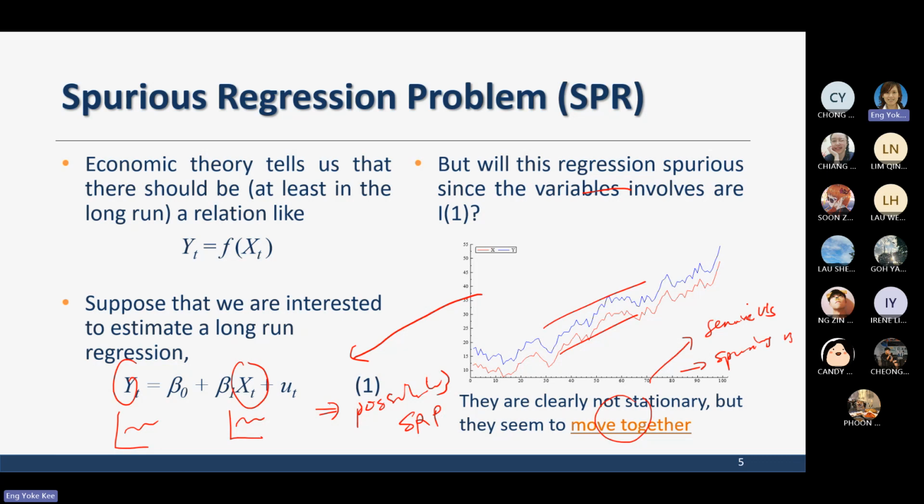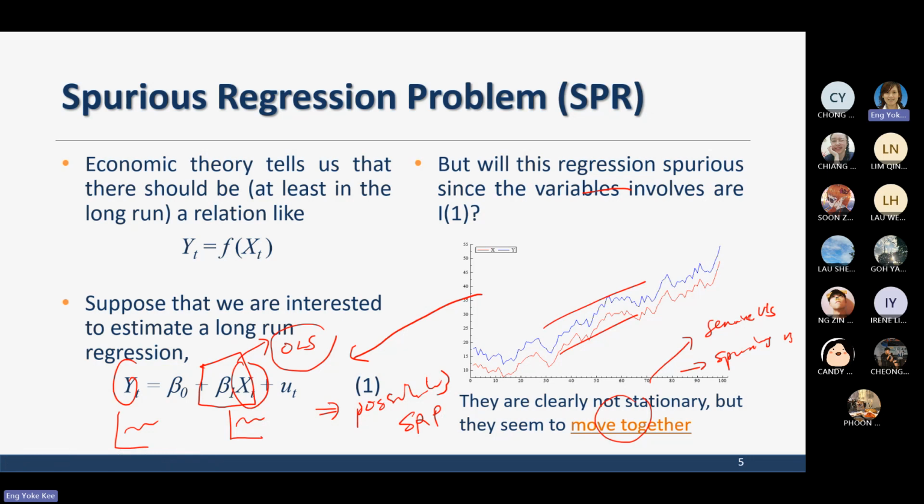We do not know, because when you use OLS to estimate this beta value, OLS is a statistical tool. Statistical tools are not able to tell you whether the observed relationship is a genuine one, a spurious one, or a fake one. We just look at the common pattern there.